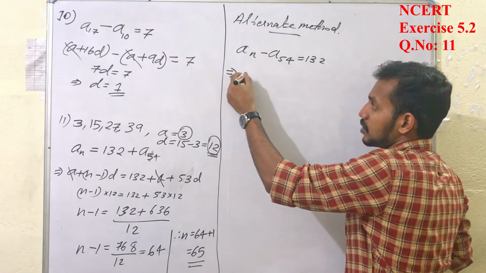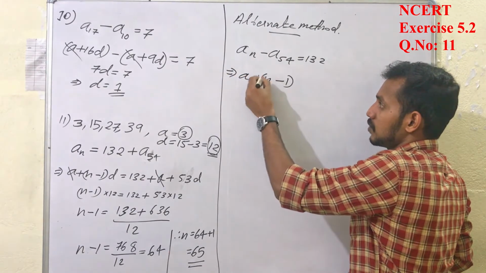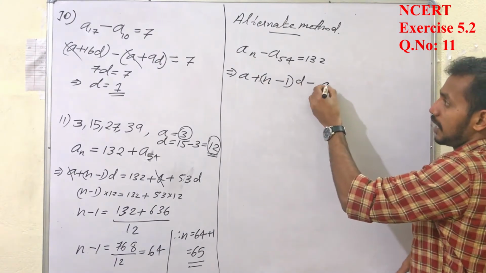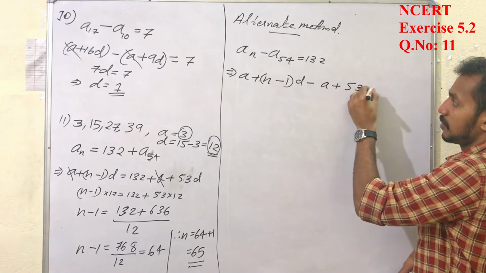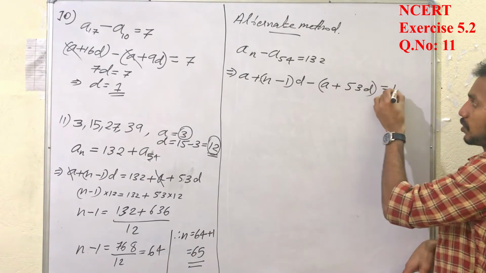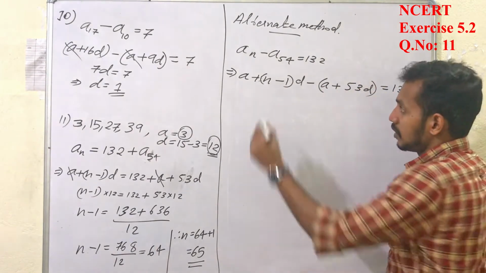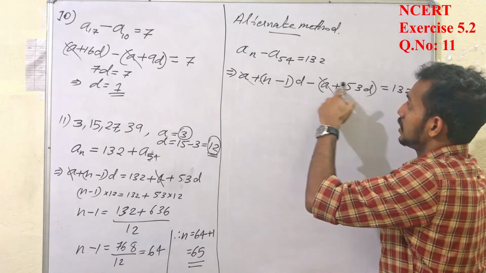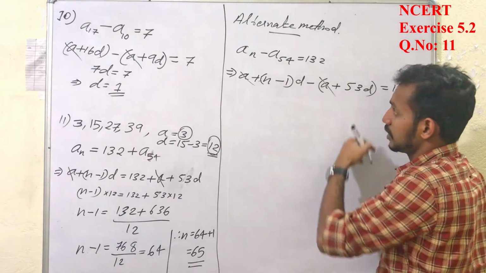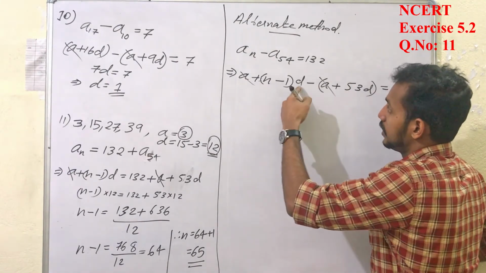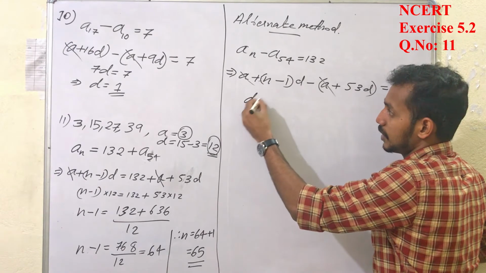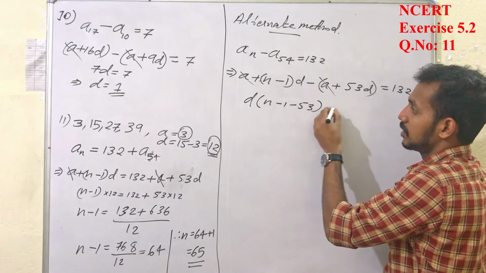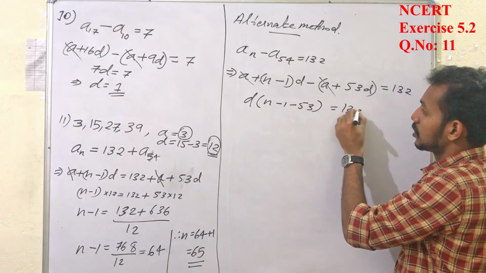So what will be the equation? a plus n minus 1 into d, minus a plus 53d, which is equal to 132. a cancelled. n minus 1 into d minus 53d. Taking d common outside, we get d into n minus 1 minus 53, which is equal to 132.